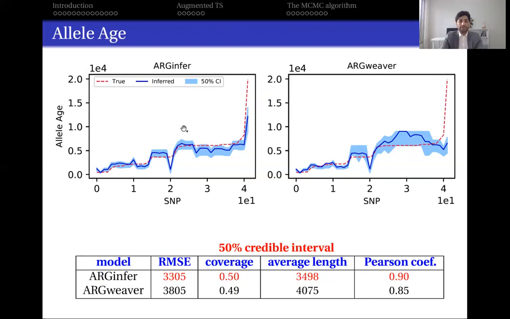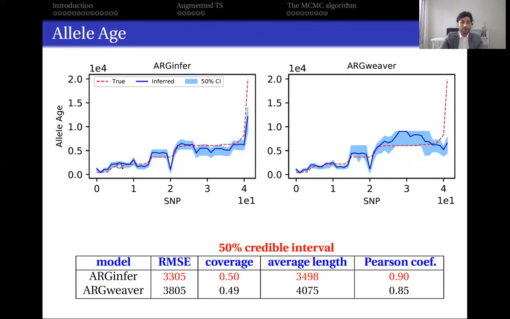And this graph is just for one dataset randomly chosen out of 150 datasets. The left plot is ARGinfer, and the right is ARGweaver. Red is the truth, the shade is the 50% credible interval, and the blue line is the inferred.